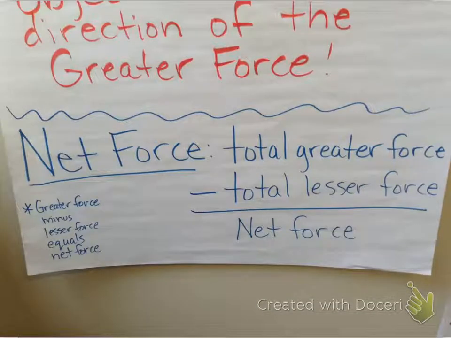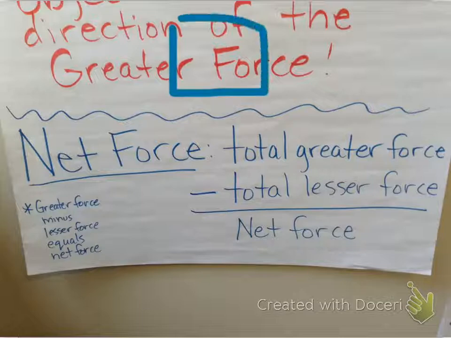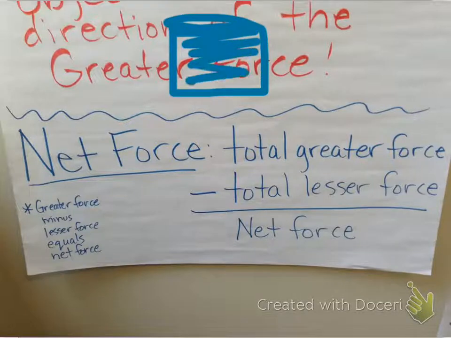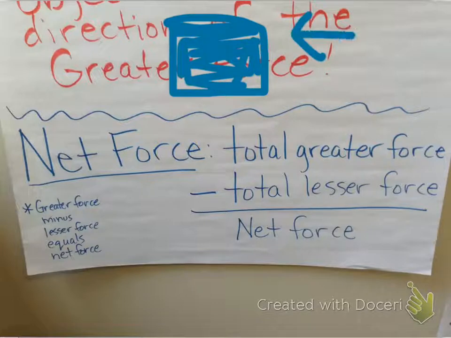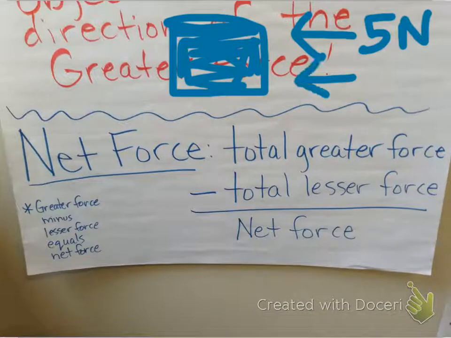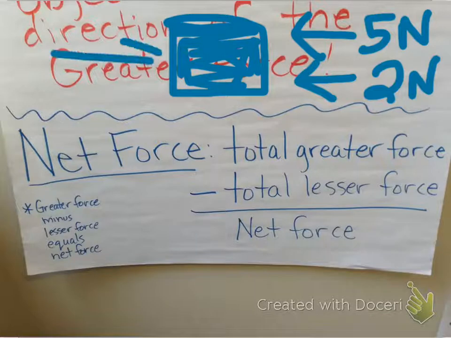The net force is the total greater force minus the total lesser force. That's the net force. Sometimes there might be more than one force. Let me give you an example. We've got this box here. Maybe there's 2 forces. Maybe this one is 5 newtons, and there's another force that's 2 newtons. And then going this direction, there's only one force, that's 3.